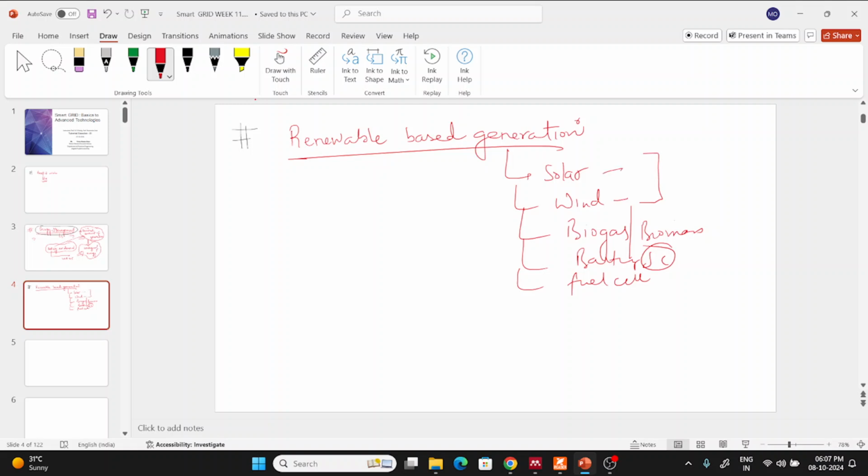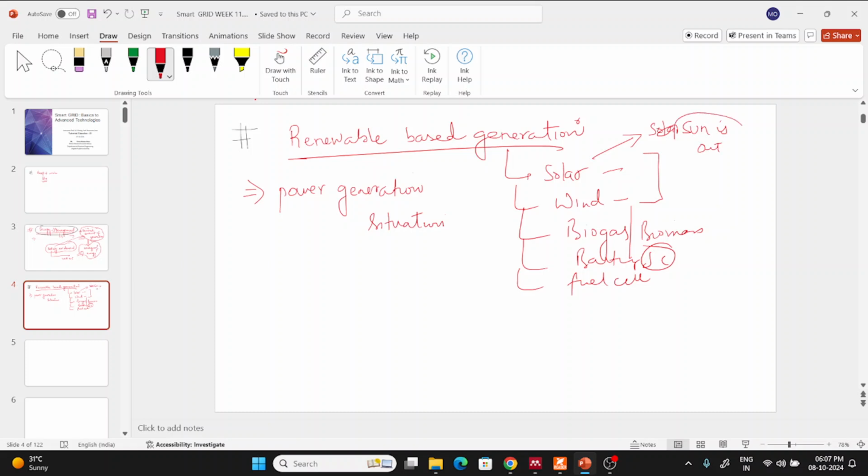These renewable energy sources have their own power generation situation. Why is it like that? Because solar will generate energy only when the sun is out.